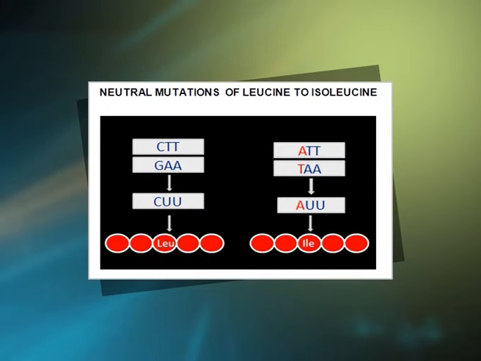These are mutations that alter the amino acid sequence of the protein but do not change its function, as the replaced amino acid is chemically similar, or the affected amino acid has little influence on protein function. In this figure, you can see the effect of neutral mutations on leucine, which has been converted to isoleucine.